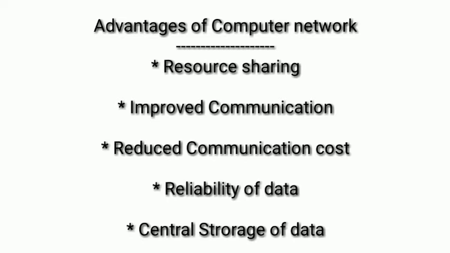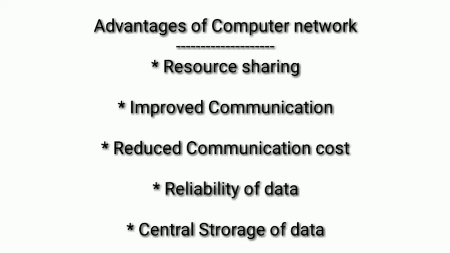While working on a network, any change made by one manager on his computer can easily be seen by other managers and employees. One person's updation can be seen by another person also with the help of this network, because all the computers are interconnected.